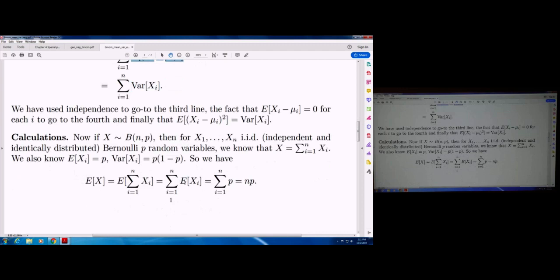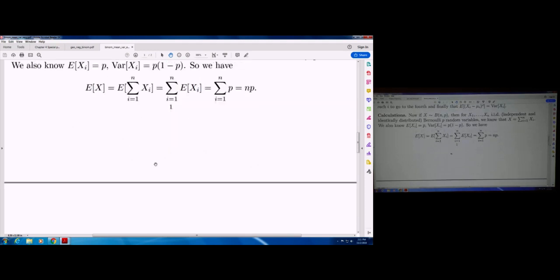And for each i, the expectation of Xi is equal to p, so I substitute p inside here, and I'm adding p together n times. So the expectation is n times p. That's the easiest way. You can see it's just a few lines of calculation, not really much work to be done.